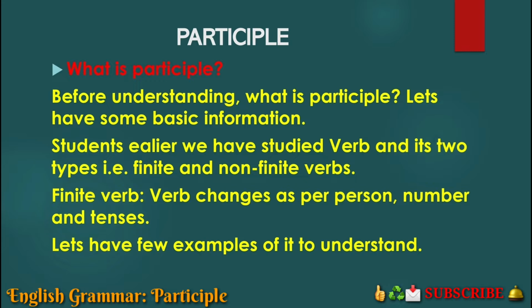In English we have first person, second person and third person. As well as number, singular and plural. And we know about tenses. According to these, it changes. So let's have some information as well as examples.